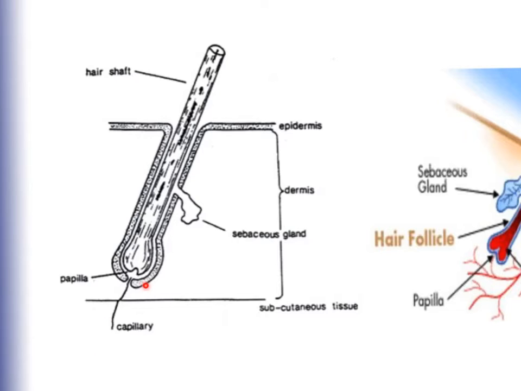This is the capillary, which is the blood vessel, because your hair does require blood and nutrients. This very tiny blood vessel feeds the hair if you have healthy hair. Then we have our papillary layer here, and this is the bulb of the hair, the hair root. This would be the shaft, and the tip would be where it's been cut.